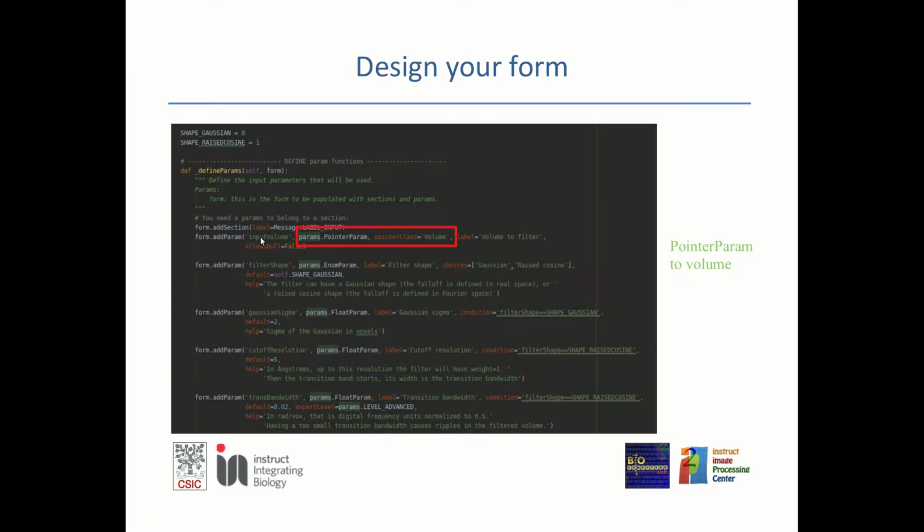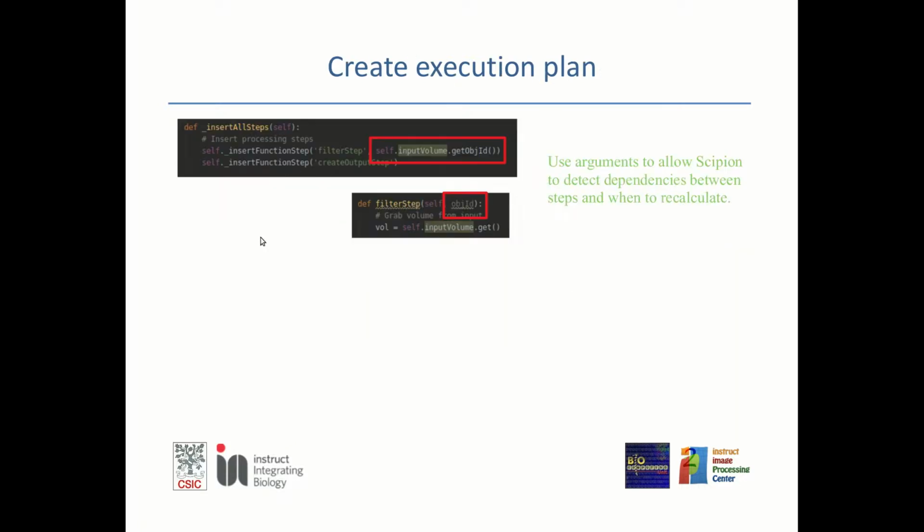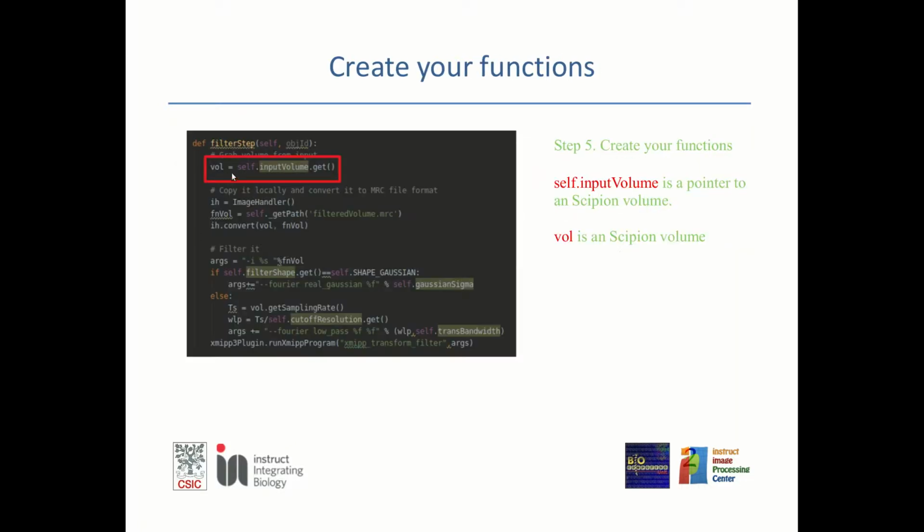We have input volume in the form. So I ask you for the self dot input volume, but this is a pointer. So to get the object it points to, you have to call get. So input volume is a pointer to a Scipion volume. When you do get, what you get is a Scipion volume. And this is about pointers.